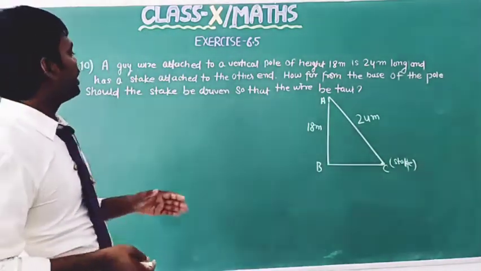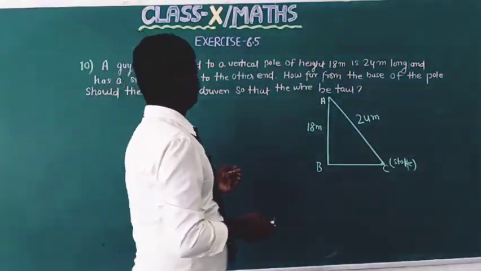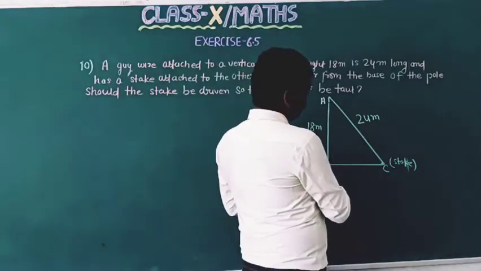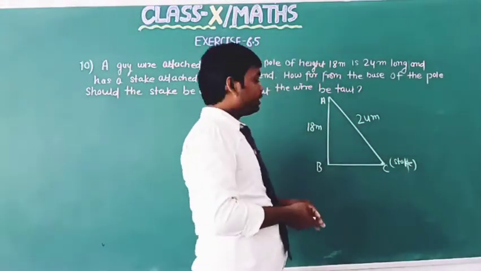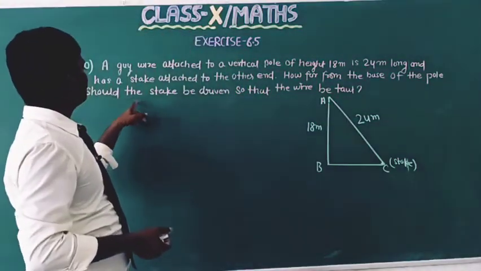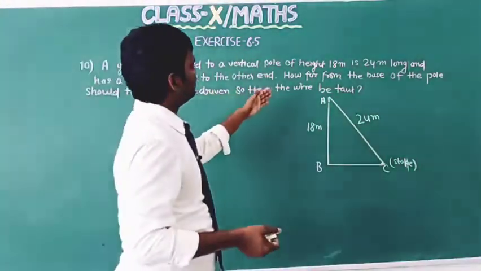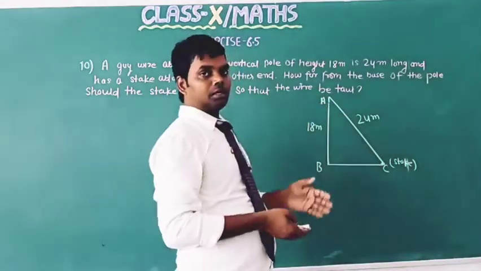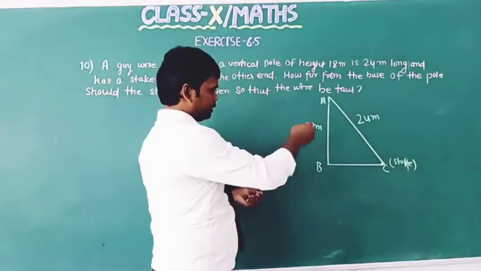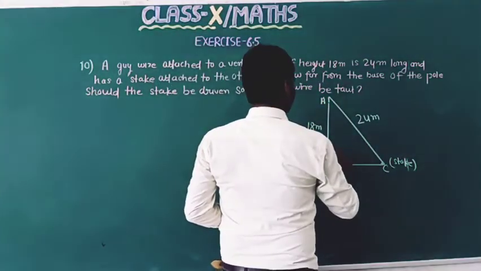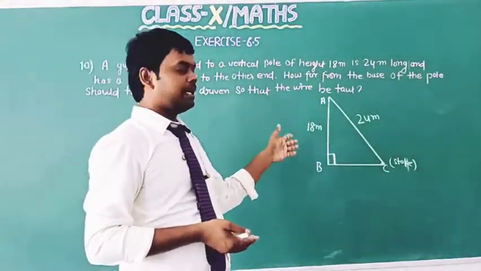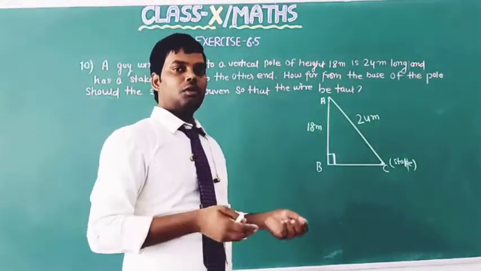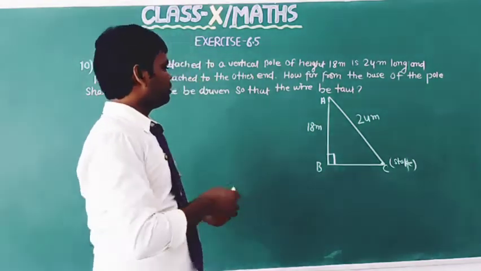We need to find the distance between the base of the pole and this stake, so that the wire will be taut. So this is the figure, and we have seen this is a right angle triangle. So now we can apply Pythagoras theorem.